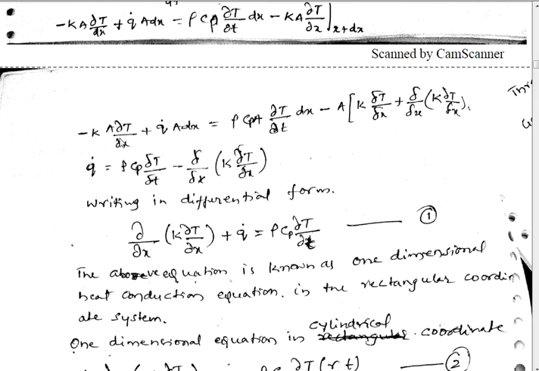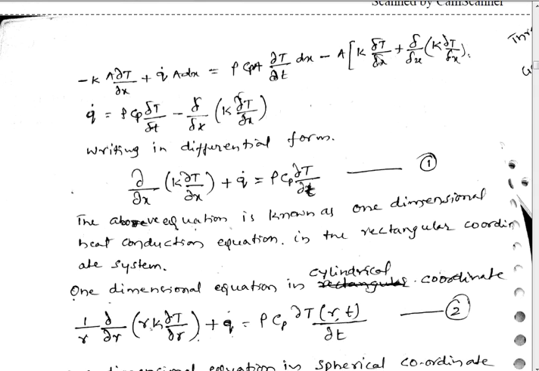Again this is substituted the same way, and q at x plus dx will be minus KA dou T by dou x plus dou by dou x of K dou T by dou x into dx. Here the minus KA dou T by dou x and the plus KA dou T by dou x cancel. After cancellation, dx remains in all the terms, so that also cancels, and the A term also cancels.